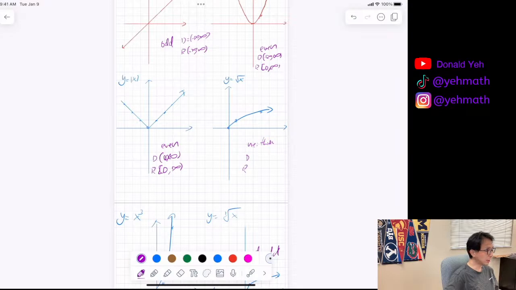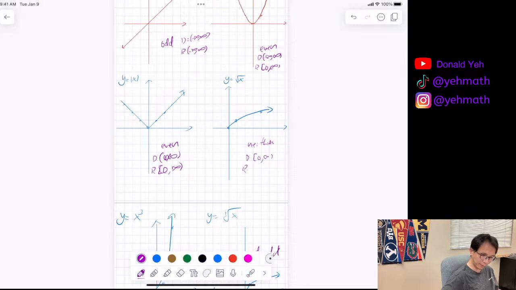Do you guys know how to determine domain and range? What will be the domain in this one? 0 to infinity. Think about it like you have a scanner. You scan from left to right. The first time you touch the graph is actually at 0, so it starts at 0 to infinity.